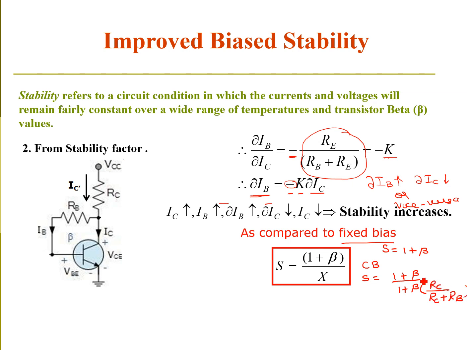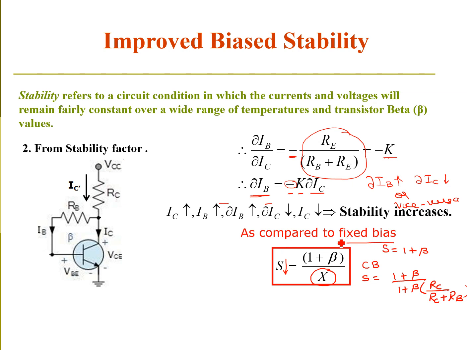So it is 1 plus beta divided by some factor, which is x. So definitely the stability factor will be less. And since the stability factor is less, the stability of the circuit is very, very high. So over here we see that as compared to the fixed bias circuit, the stability is high. So comparison is done with respect to fixed bias.